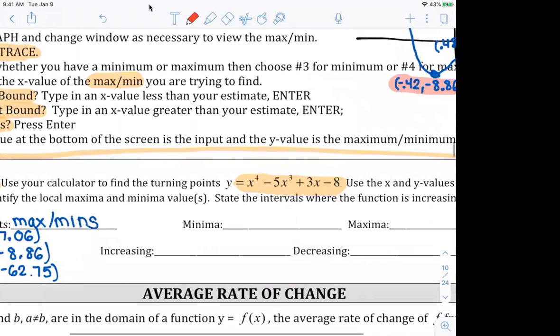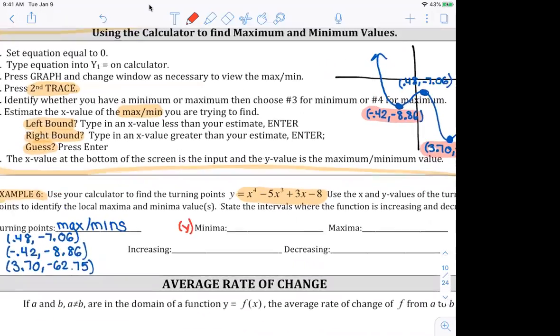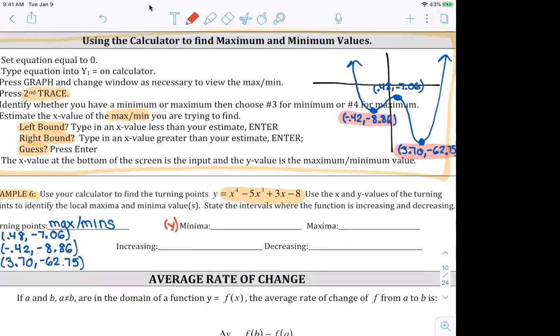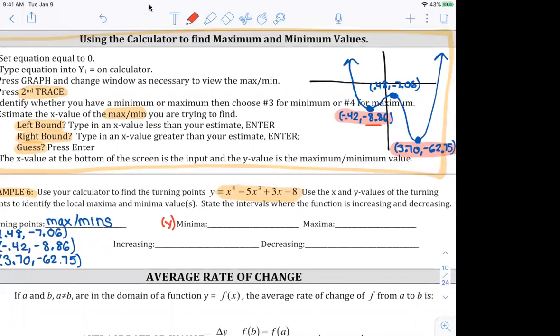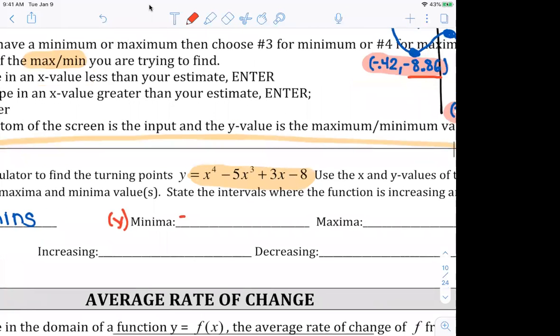So when they ask for the minima or the maxima, you're going to list your Y values. The Y values for those points are negative 8.86 and negative 62.75. And because there's 2 of them, negative 62.75.